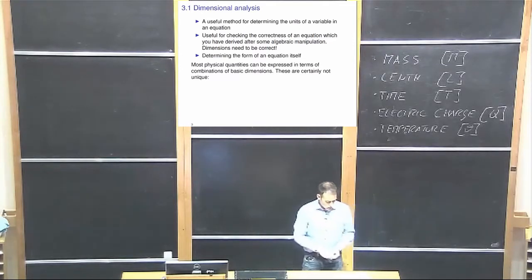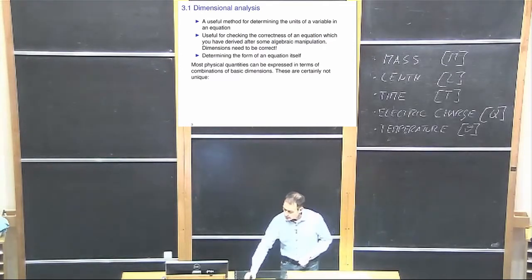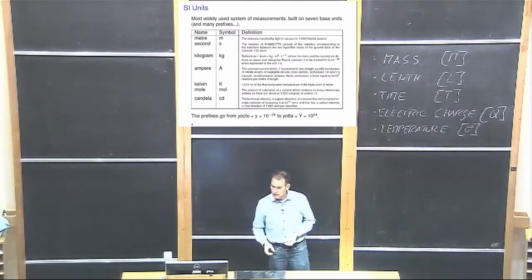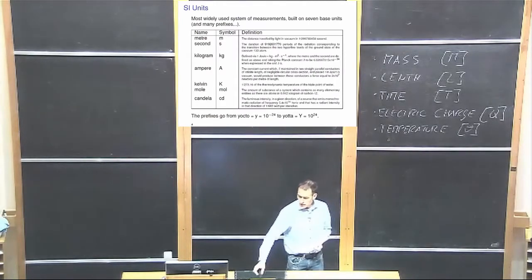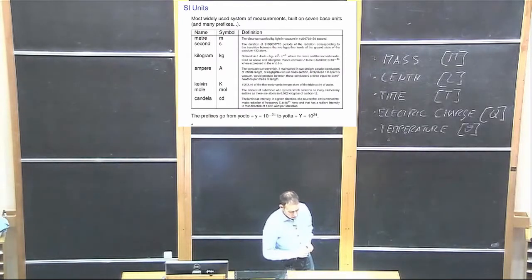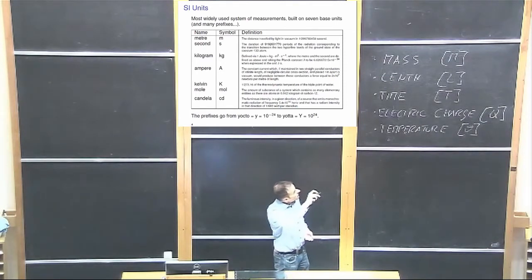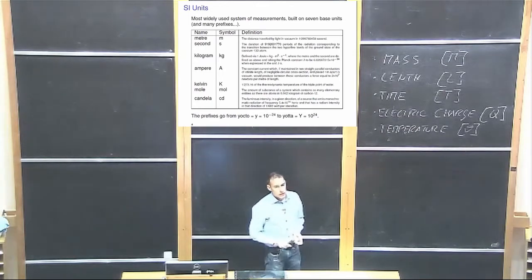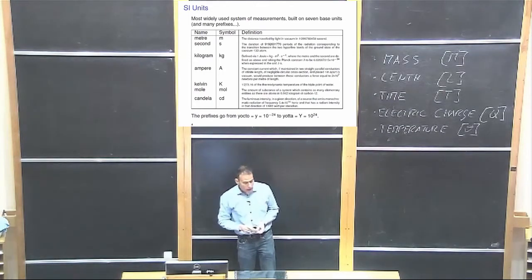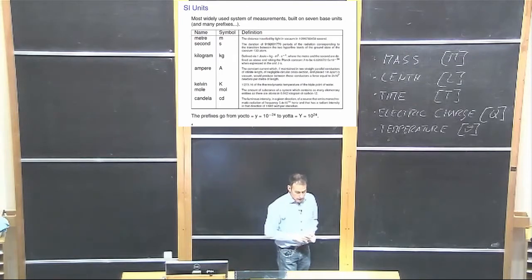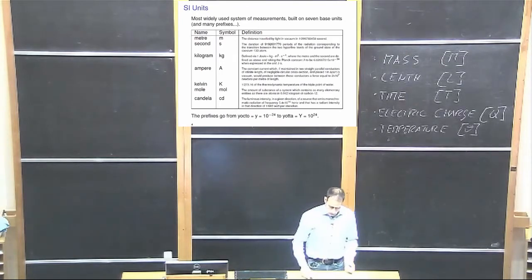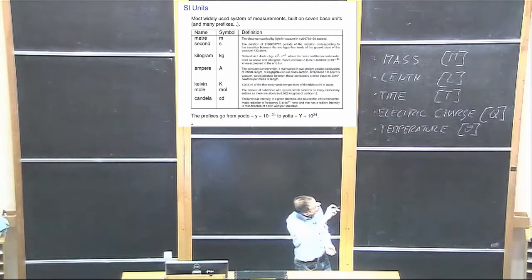Now, talking about units, there are 7 base units that are being used. These are the ones as defined in the international system: meter, second, kilogram, ampere, Kelvin, mole, and candela, and all the other units are derived from those. The last change in there is kilogram.